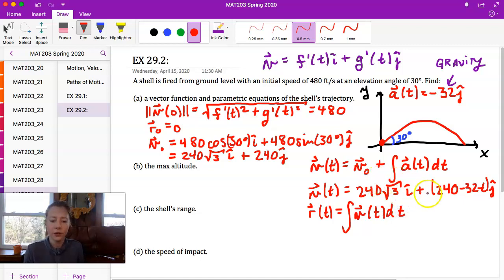So this is going to be equal to 240 times the square root of 3 t i hat plus (240t minus 16t squared) j hat.